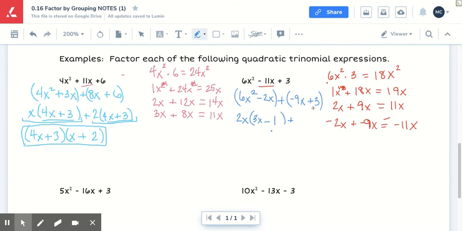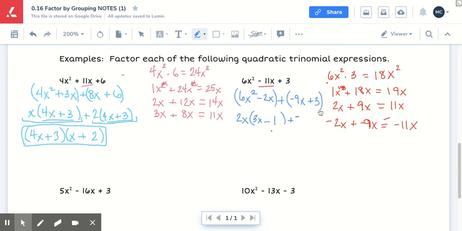On the second grouping, I've got a negative 9x and a 3. Now because the leading term in this one has a negative, whatever I take out as a greatest common factor, I'm going to take out a negative along with it. I will do that anytime the first term of whatever I'm factoring is negative. It makes everything a whole lot friendlier.